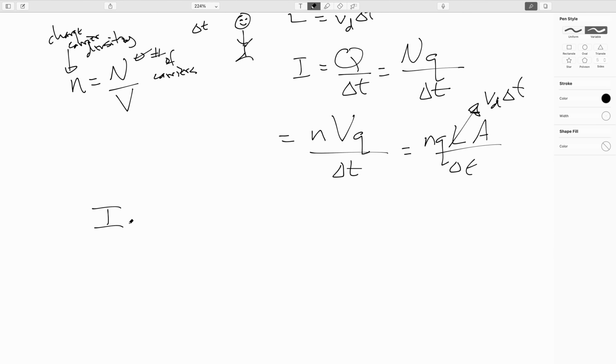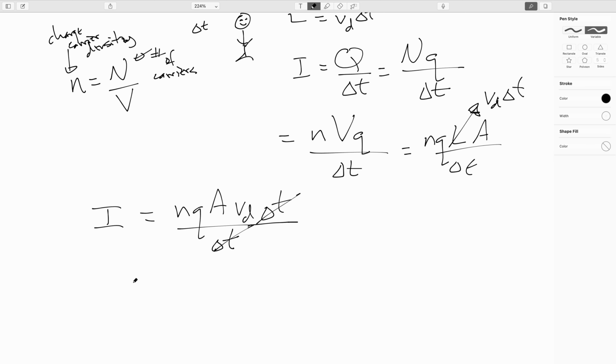So we get that our current will be equal to nQA times v drift over delta t times delta t, and those cancel.